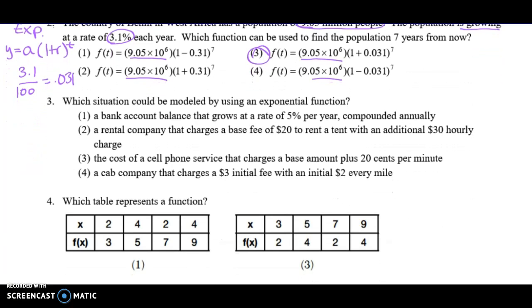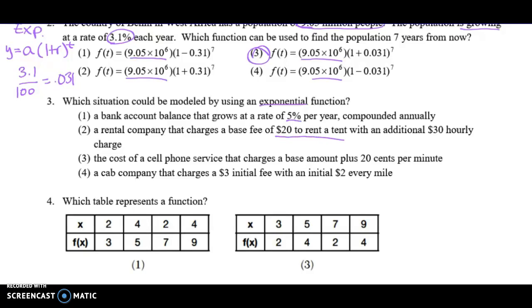Number 3. Which situation could be modeled by using an exponential function? Exponential. I am looking for a percent. I am looking for words that imply multiplication like double and triple. Or I'm looking for the words by a factor of. Those all go with exponential functions. Looking through my options, I have a percent right here.